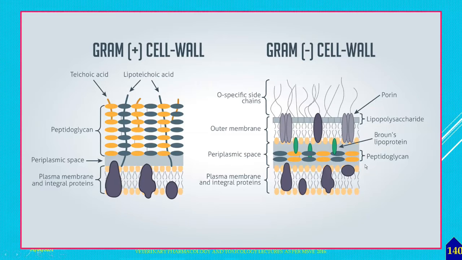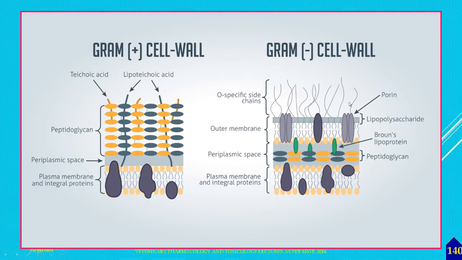This peptidoglycan layer is very thin in the gram-negative bacterial cell wall, whereas the peptidoglycan chain is very thick in the gram-positive cell wall. And the periplasmic space contains varieties of components like the peptidoglycan, and the plasma membrane and integral proteins are similar to those of the gram-positive bacteria.